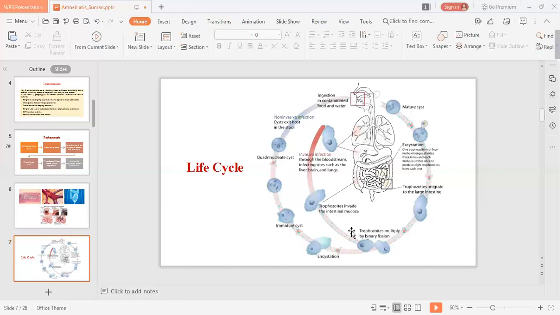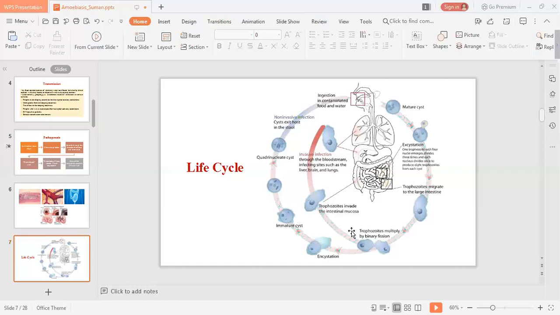Now, when the trophozoite is in the intestinal lumen, there may be three different types of infection. If the trophozoite remains confined to the intestinal lumen, we can say this is non-invasive infection. The individual continues to pass cysts in their stool, as asymptomatic carriers.